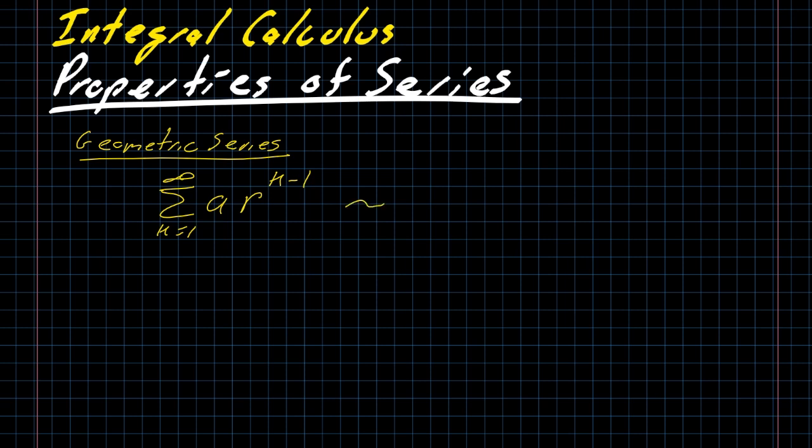Sometimes you'll see this written as the sum k goes from 0 to infinity of a times r to the k. There's no better or worse way of going about it. They are mathematically equivalent. It's a change of variables. It's basically I did a u substitution, and they work either way.